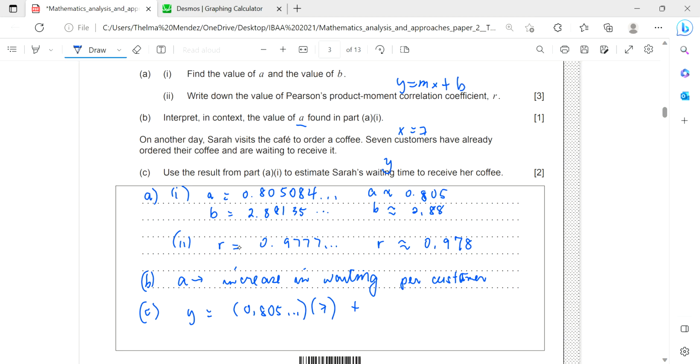And our b is 2.881. So we will have an answer 8.51693, or approximately our Y waiting time is 8.52 minutes.